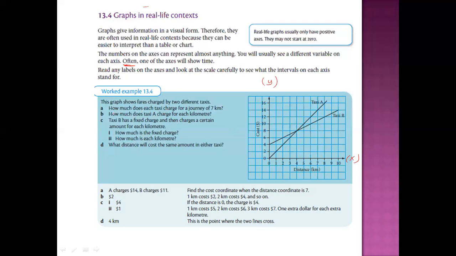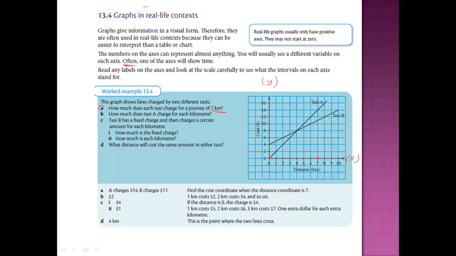So what is the question in A? How much does each taxi charge for a journey of 7 kilometers? Let's calculate separately for each taxi. Let's start with taxi A. Now it's the point of zero. We need 7 kilometers. Where is 7 kilometers? 1, 2, 3, 4, 5, 6, and 7 is here.